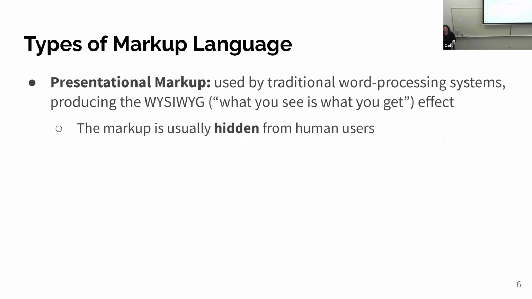So programs like Word, for example, or Google Docs or LibreOffice documents. In this case, you don't see the markup as a user. The markup is hidden from the human users. That's why it's what you see is what you get. You don't know exactly what's happening in the background. You just see, as you type in, what the document's going to look like.